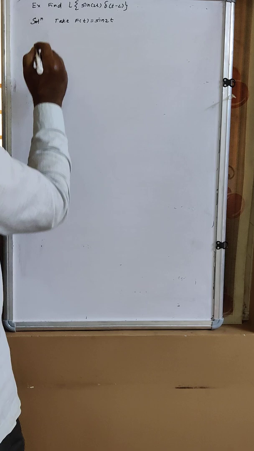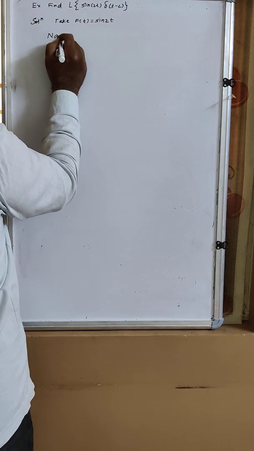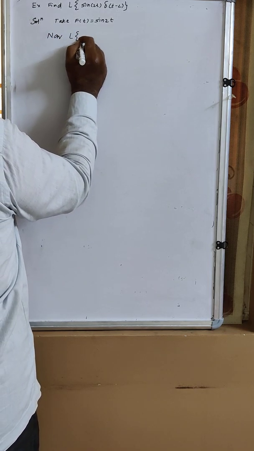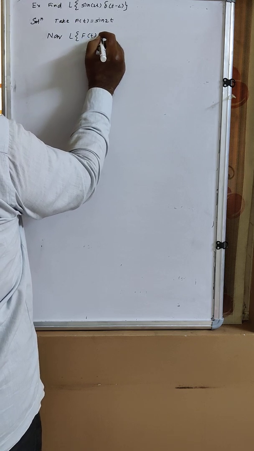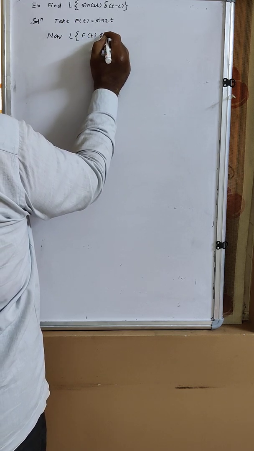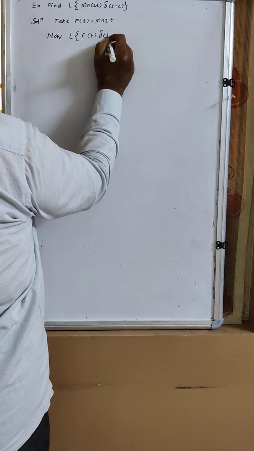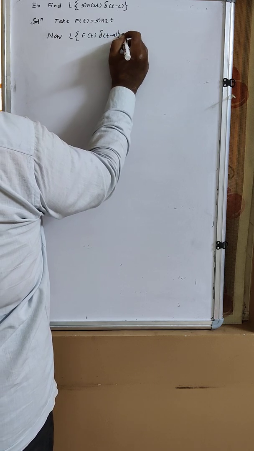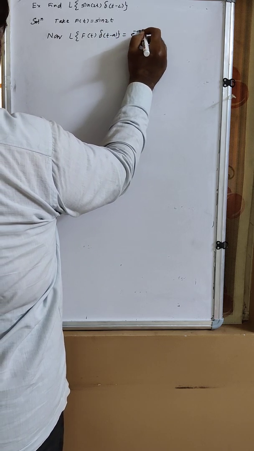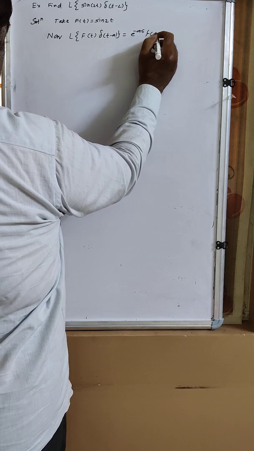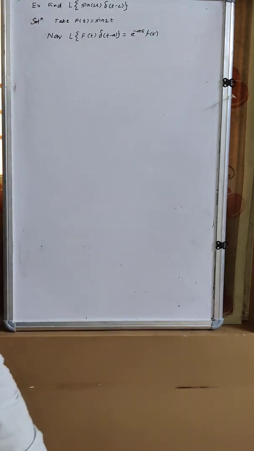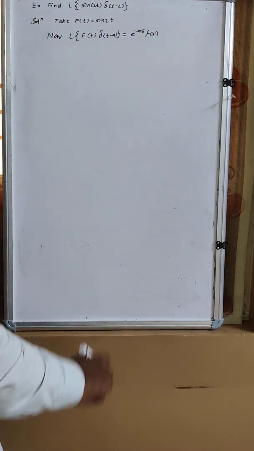Now Laplace of f(t) delta of t minus a is equal to e raised to minus as into f of a.